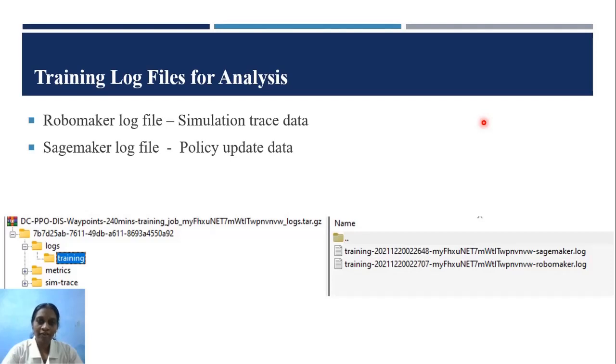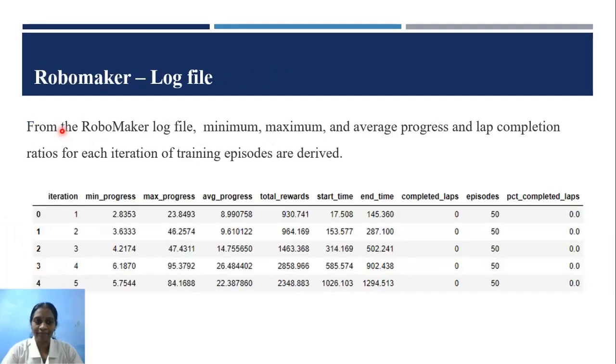Inside the logs, we have another training folder. In this training folder, we have two files: one is the log file for the SageMaker environment and another is the log file for RoboMaker. We are already familiar that RoboMaker consists of the simulation environment data, and the SageMaker log file has the policy update data.